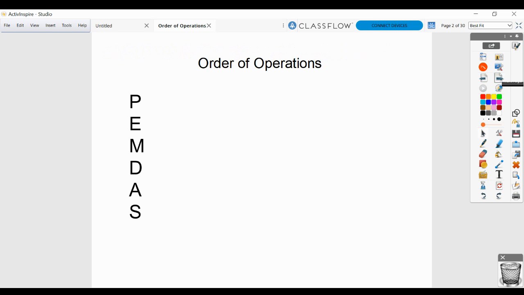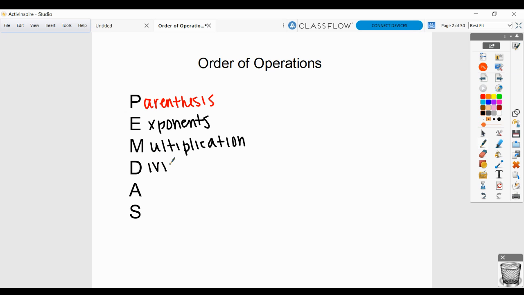do that as well. So basic order of operations, we always think about PEMDAS, and that is parentheses, exponents, multiplication, division, addition, and subtraction.